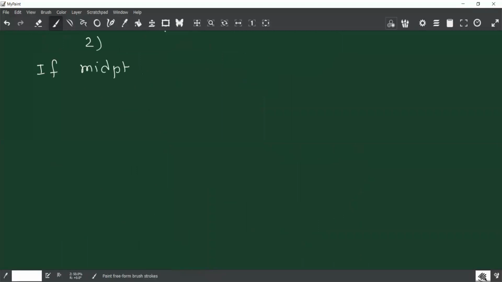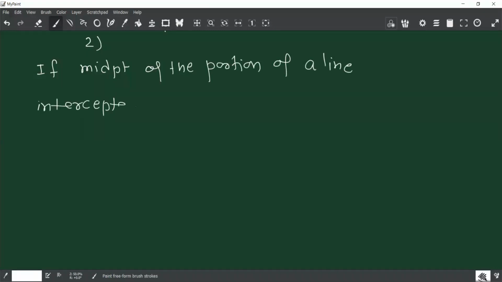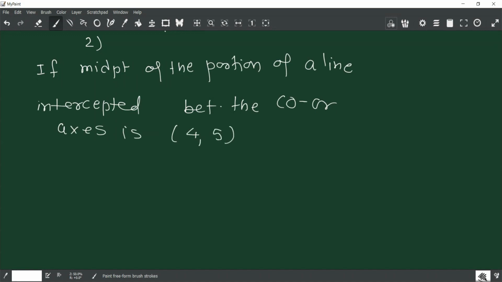If the midpoint of the portion of a line intercepted between the coordinate axes is 4 by 5, find the equation of the line.